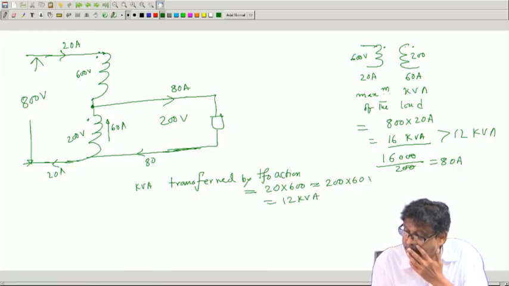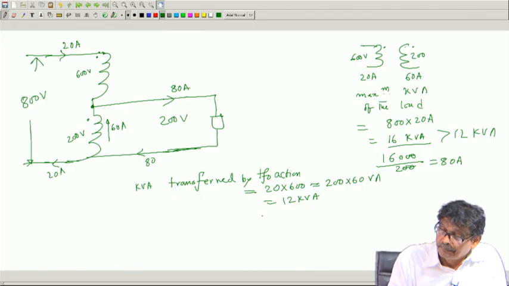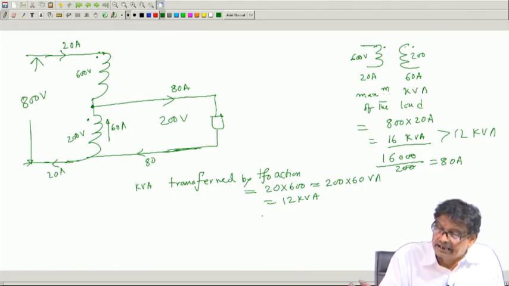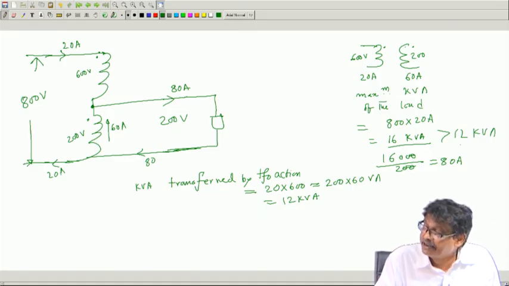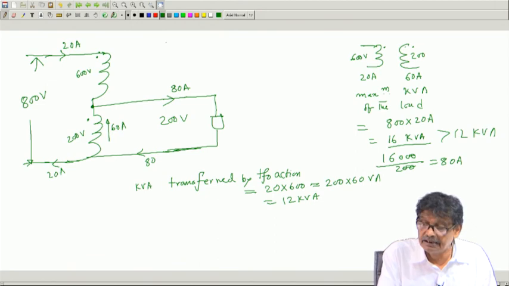These are volt ampere, is not 12 kVA. And I know what is the maximum kVA it can handle, that kVA is 16 kVA, this number.